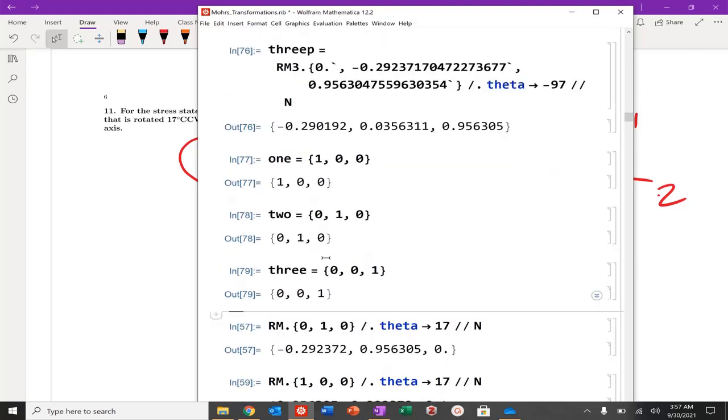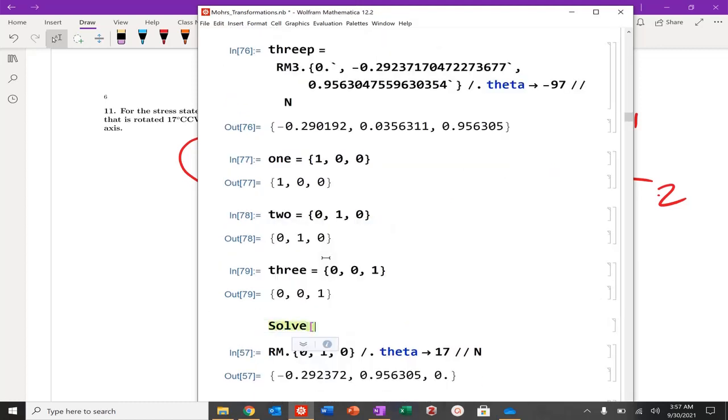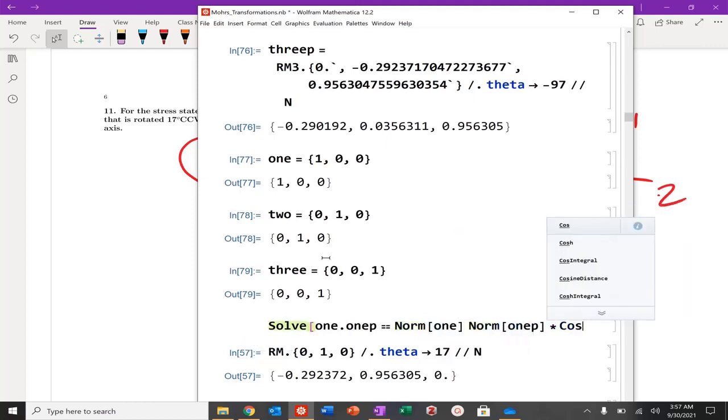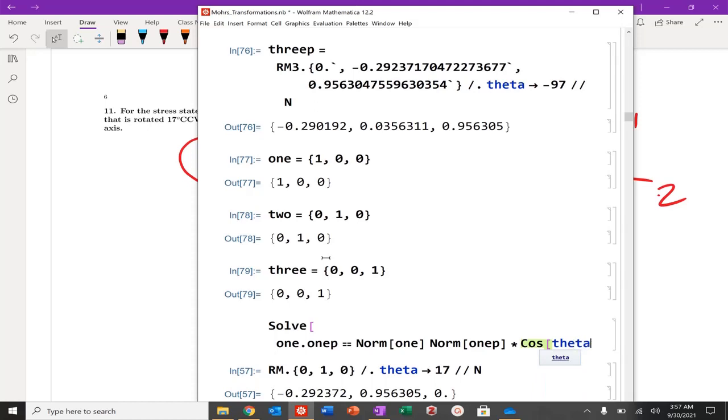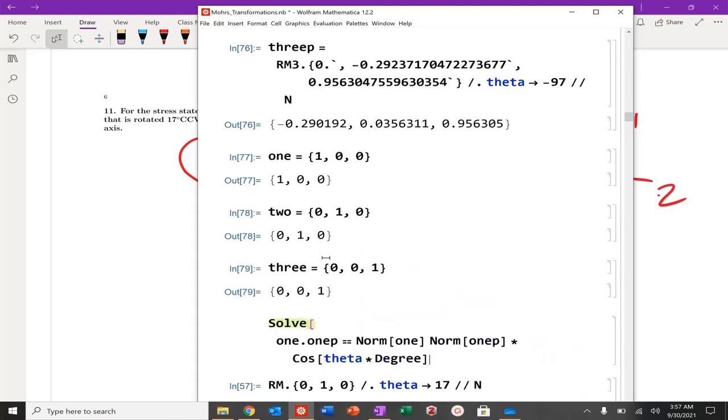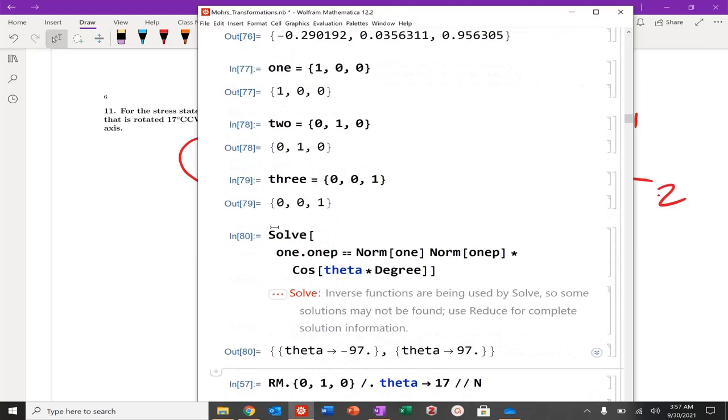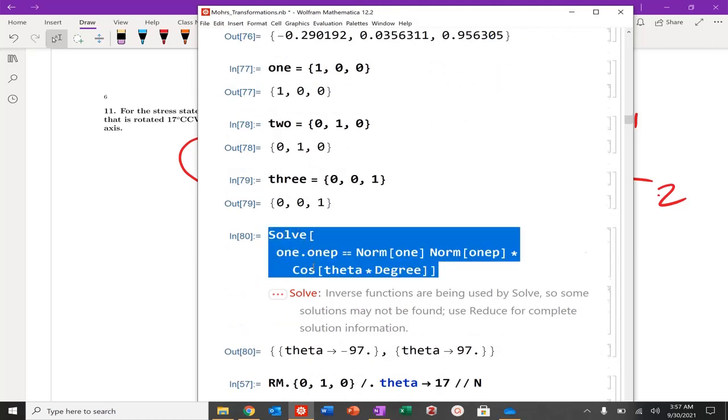So now I can start to find the angles. I'm going to solve: 1 dot 1 prime set equal to the magnitude norm 1 times norm 1 prime times cosine of theta, in degrees. Solve, and then do that for all the values.